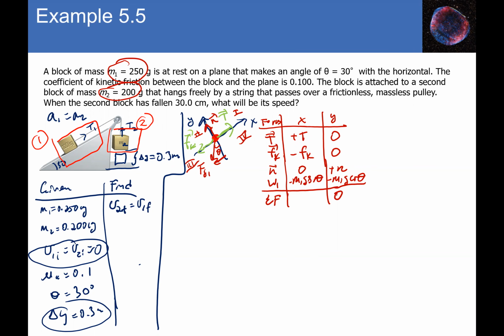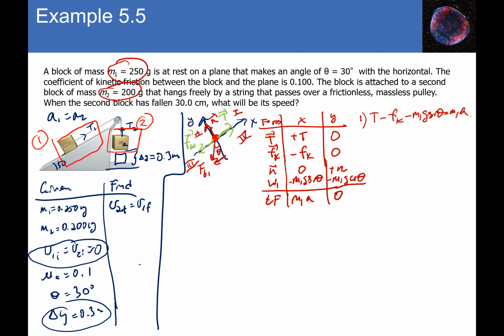There's no acceleration in the y direction, but there's an acceleration for object 1, block 1, in the x direction. That means what I get here is this. Okay. Equation 1 will be tension minus kinetic friction minus m1g sine theta equals m1 times a.